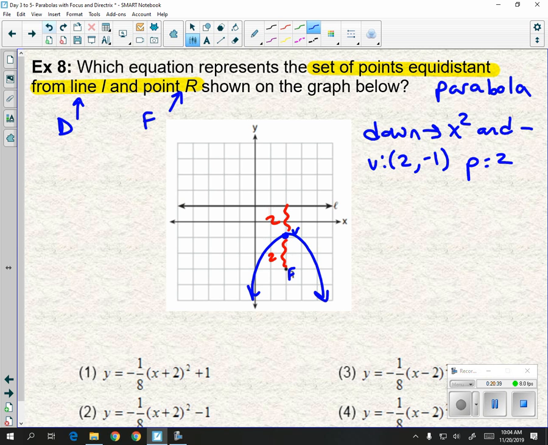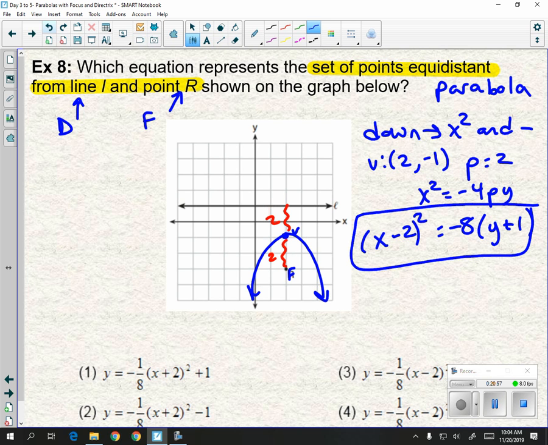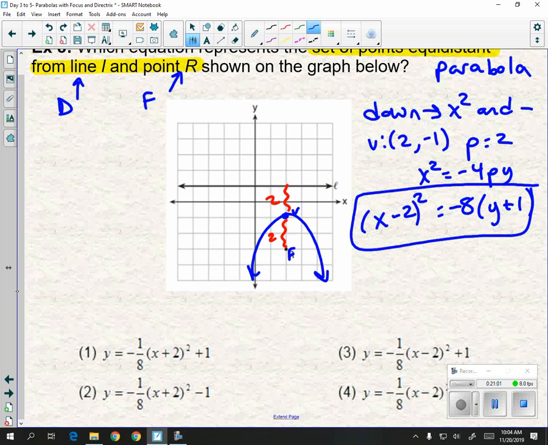And if you were to go and write this equation, you have x squared equals negative 4py. You have x minus 2 squared equals negative 4 times 2, which is negative 8, times y plus 1. This is your equation, but that is none of your answer choices because all these answer choices are in y equals. Makes things a little harder.